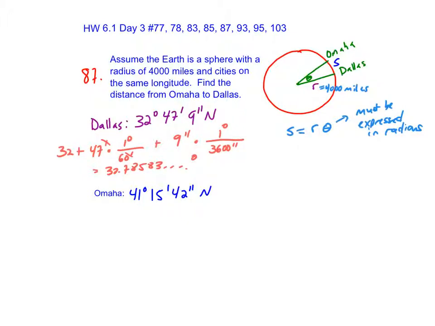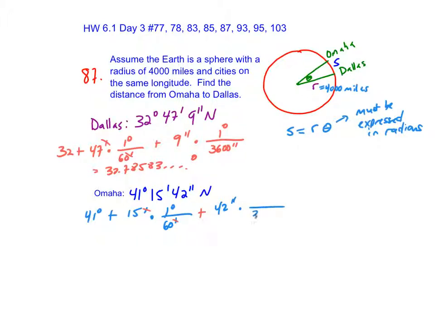For Omaha, let's find the decimal equivalent of this DMS formatted angle. So I have 41 degrees plus 15 minutes. So remember, that's a partial degree. And then we're going to do the conversion factor. So that's times 1 degree, there are 60 minutes. I'm going to put the minutes in the denominator, so that cancels out from the previous factor. And then we need to add on to that 42 seconds, and we're going to convert those 42 seconds into degrees as well.